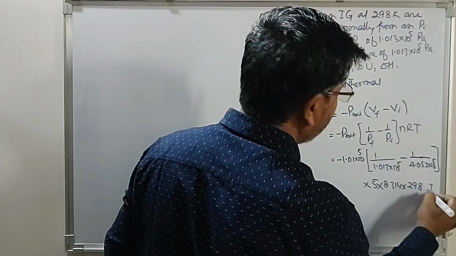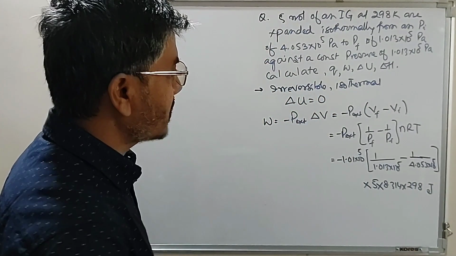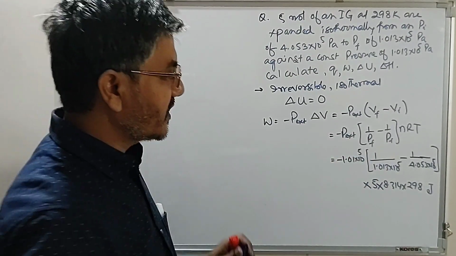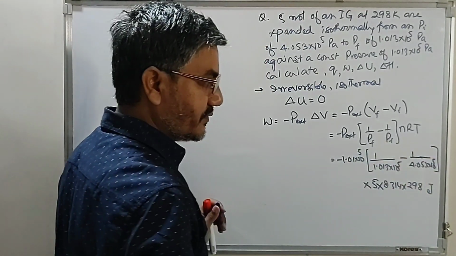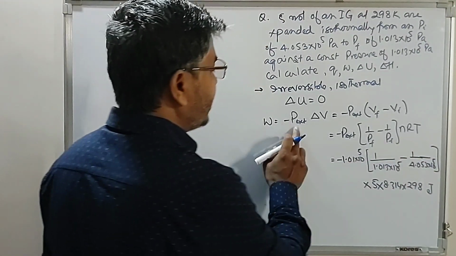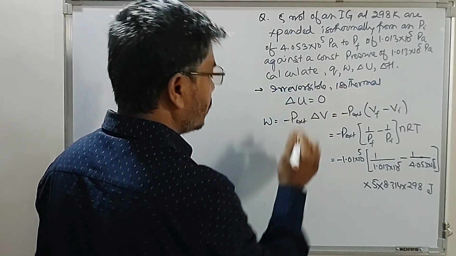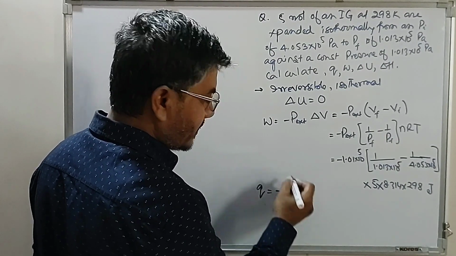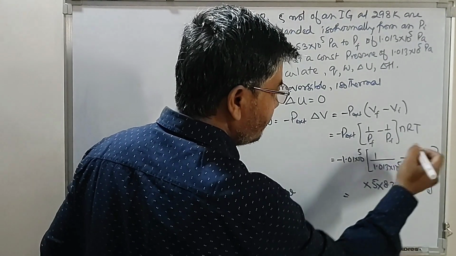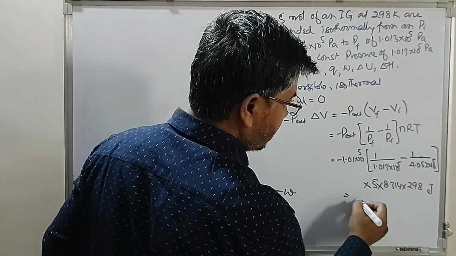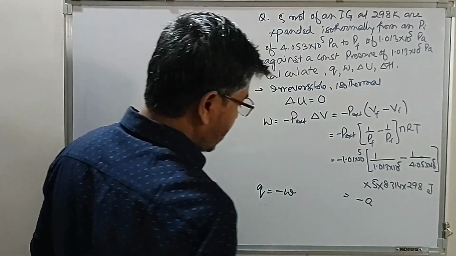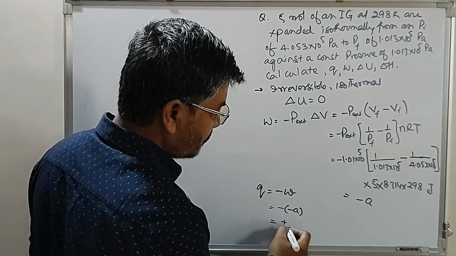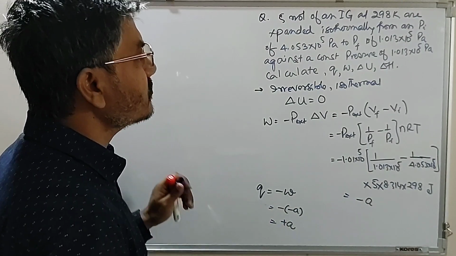So this must be in terms of joule. So this is how we use this work done. Suppose this will have a certain value, so we can just cancel out 10 to the power 5, 10 to the power 5. If this is work done, then what is the value of Q? So from the first law, work done and Q are related as such. So if suppose this is some minus A, then Q will be equal to minus of minus A, that is plus A.